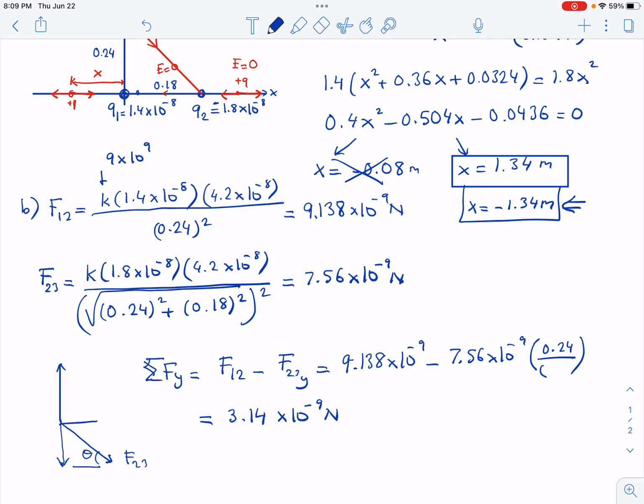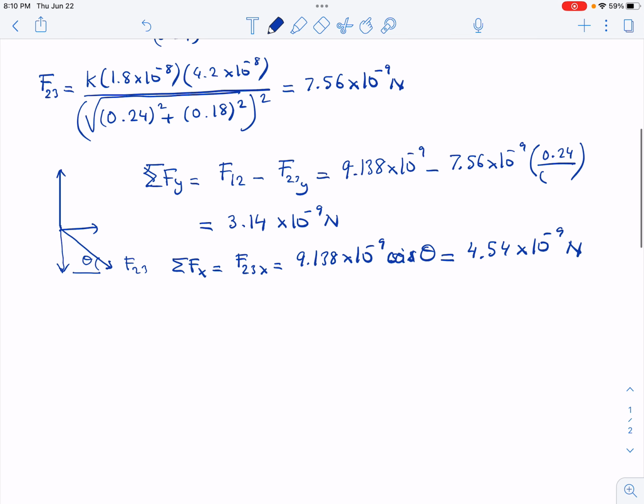And the x component of this is just F23x, same idea, times cosine theta, and that is 4.54 times 10 to the negative 9.